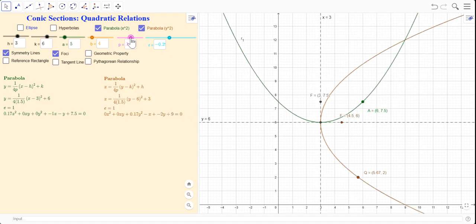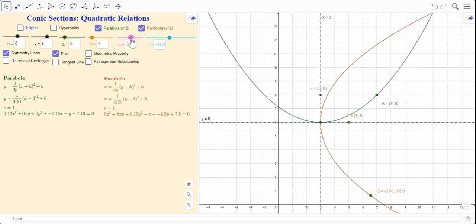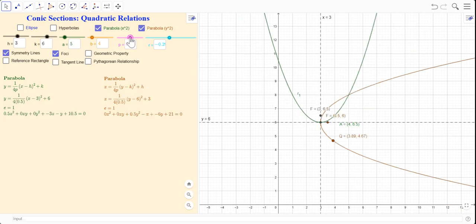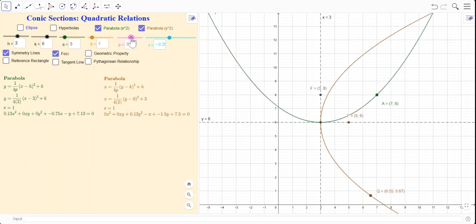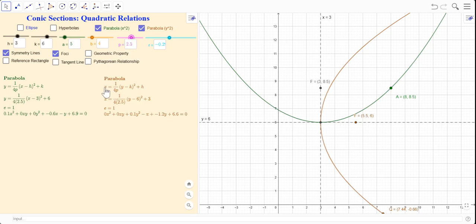Similarly, if p is positive and the square is on the y with no square on the x, it's going to open right. And if p is negative, it's going to open to the left. Notice I always associate h with x, and k with y. And again, p is the distance from the vertex to the focus.